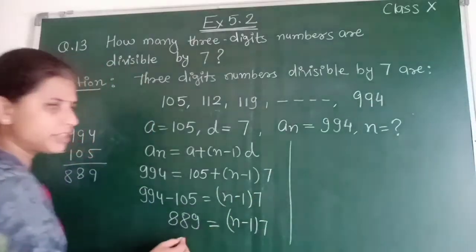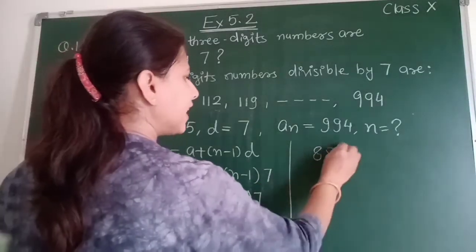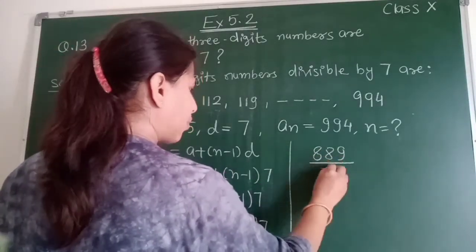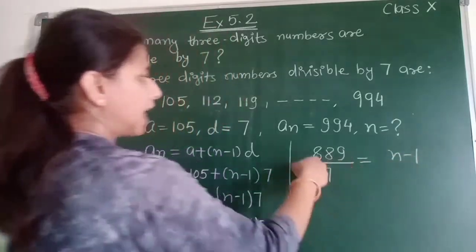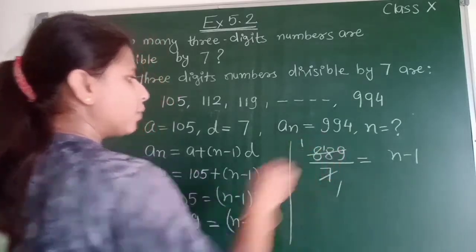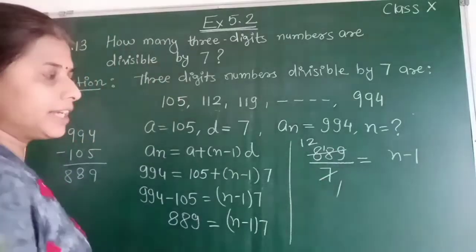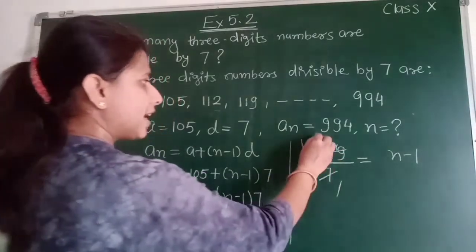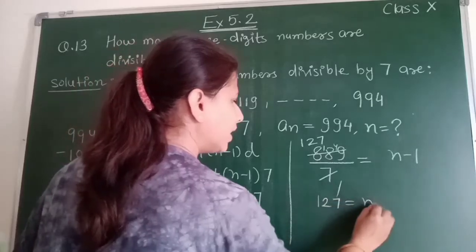Now we shift this 7 from the right hand side to the left hand side, and we get 889 upon 7 equals n minus 1. Now we will cancel out this. 7 ones are 7, 7 ones are 7, 1 carry, 7 twos are 14, 4 carry, 7 sevens are 49. 127 equals n minus 1.